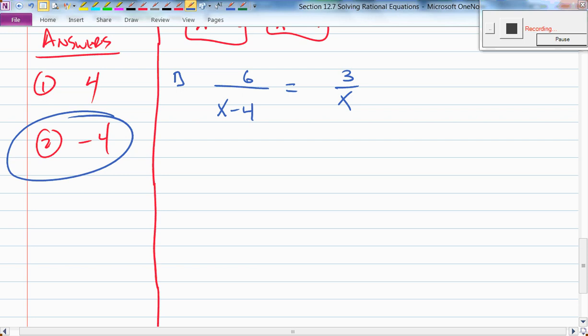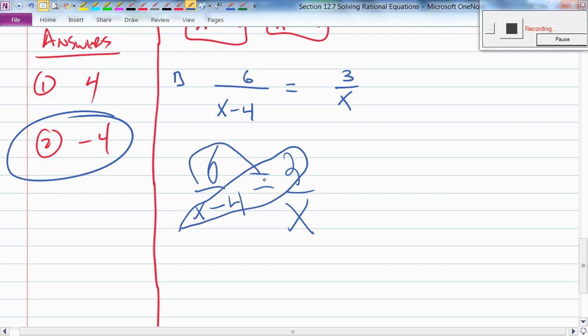All right, this is Tyler. He's going to explain what he did. So, of course, the problem is 6 over x minus 4 equals 3 over x. I'm going to write it on the bottom. Then you cross multiply these two together.